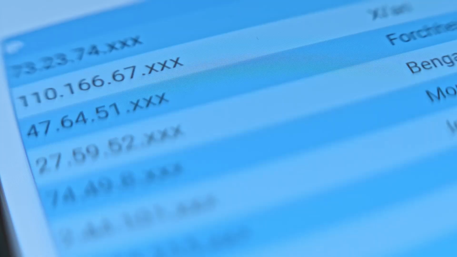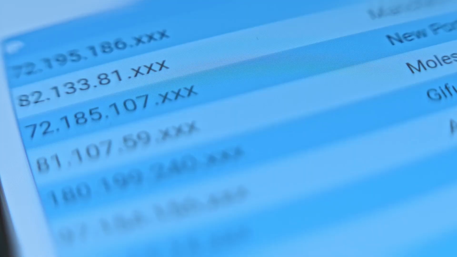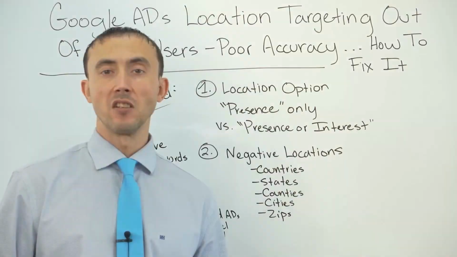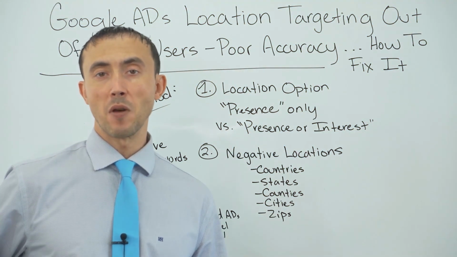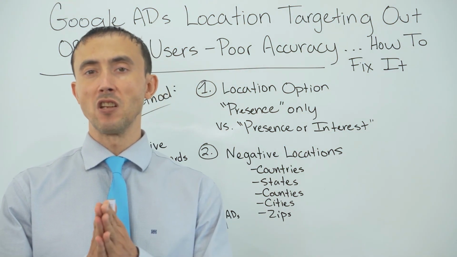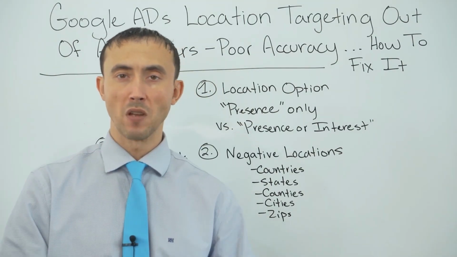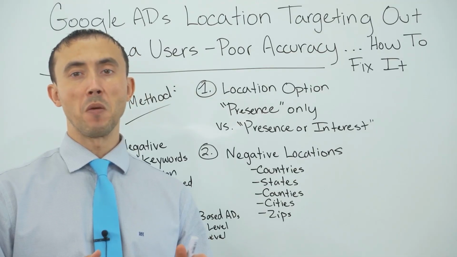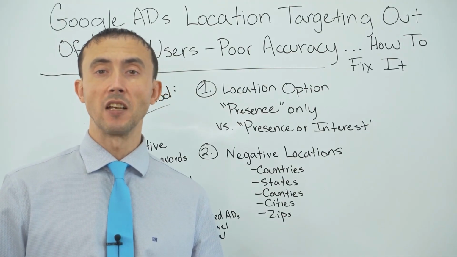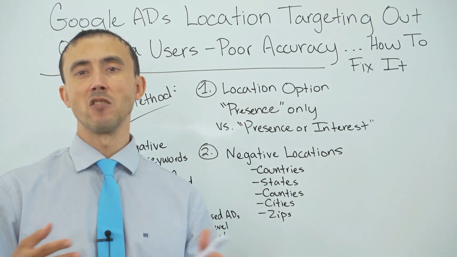Location targeting is typically based upon the user's IP address, and there are databases out there that reverse engineer an IP address to a location, and those databases are wrong sometimes. So once in a while, you're going to get people outside the area, even if you do all these things, but nothing's better than getting it down to 2-3%.